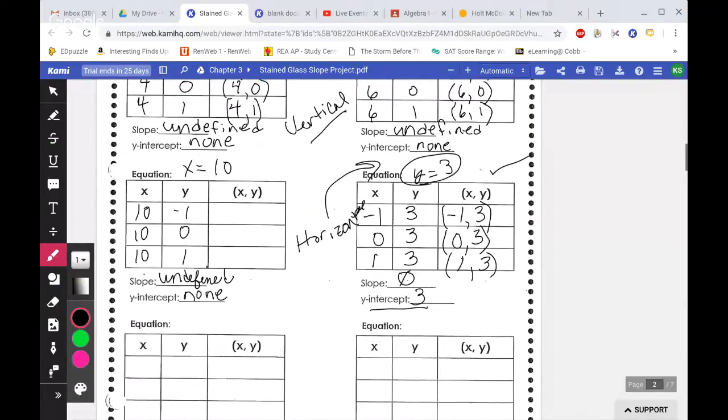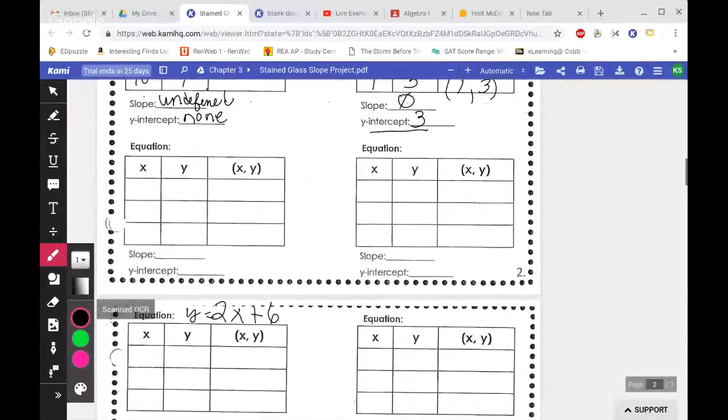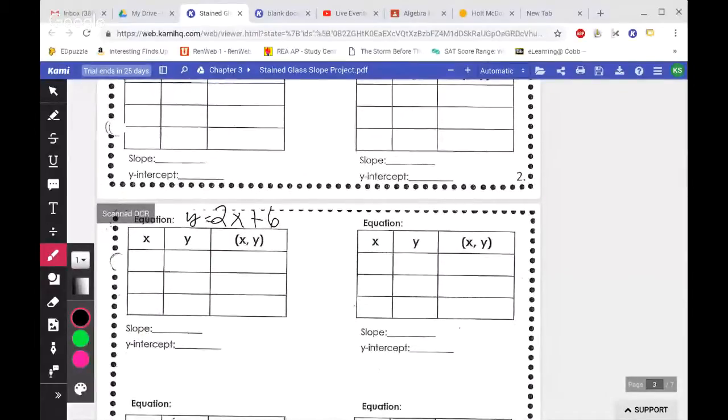Okay? On this particular equation, y equals 2x plus 6, the slope is the leading coefficient on the x. So what is the leading coefficient on the x term?